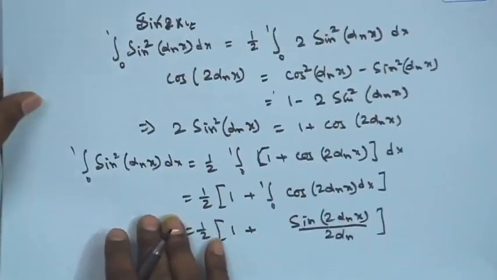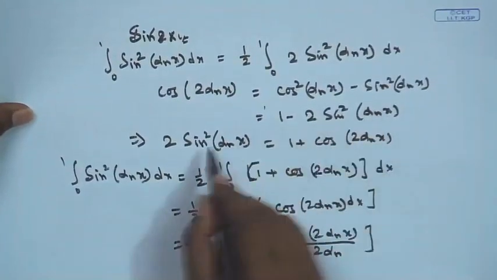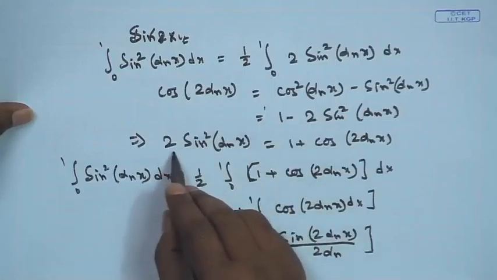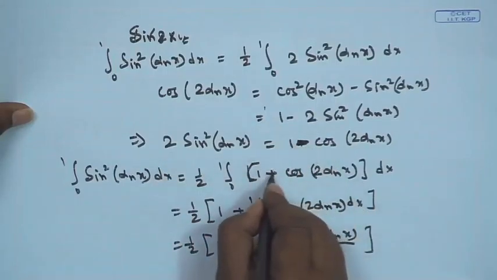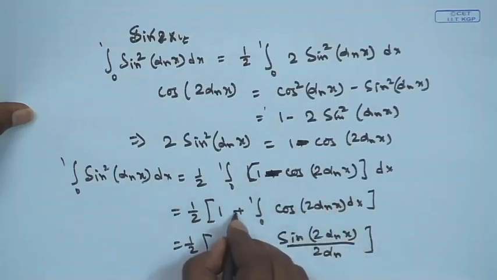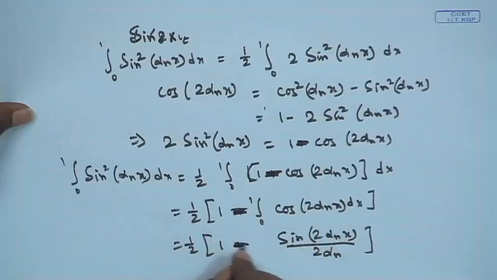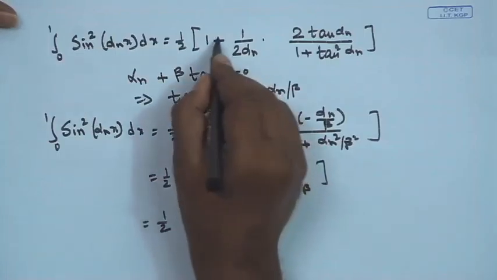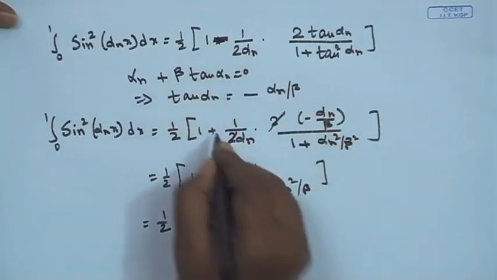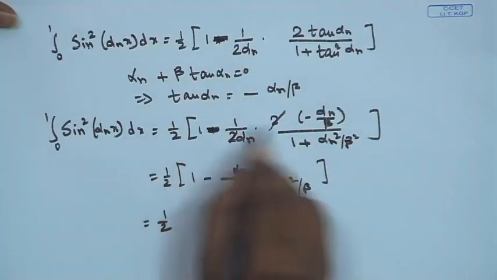There is a sign here. So, the 2 sine square alpha n x will be coming on the other side. This will be minus, so again there will be a minus sign here, and minus minus will be plus.